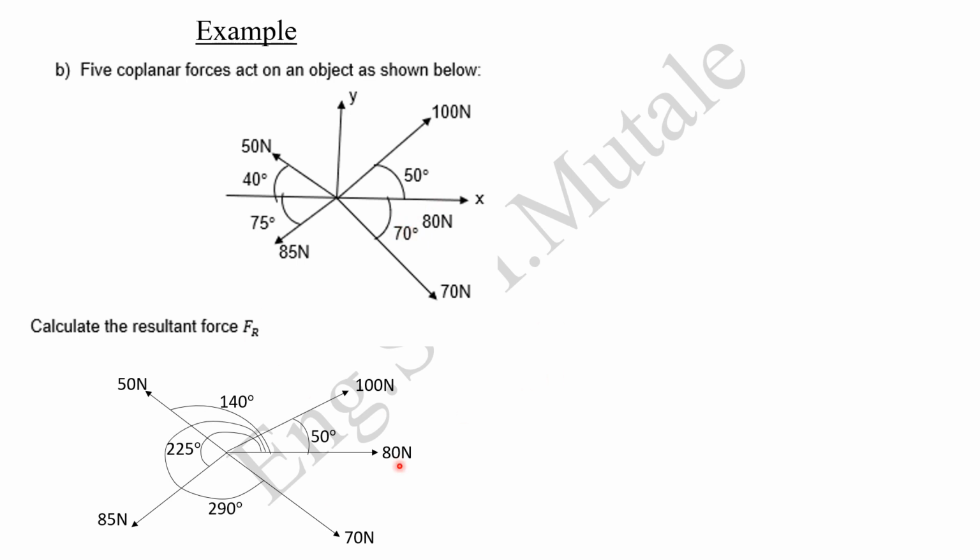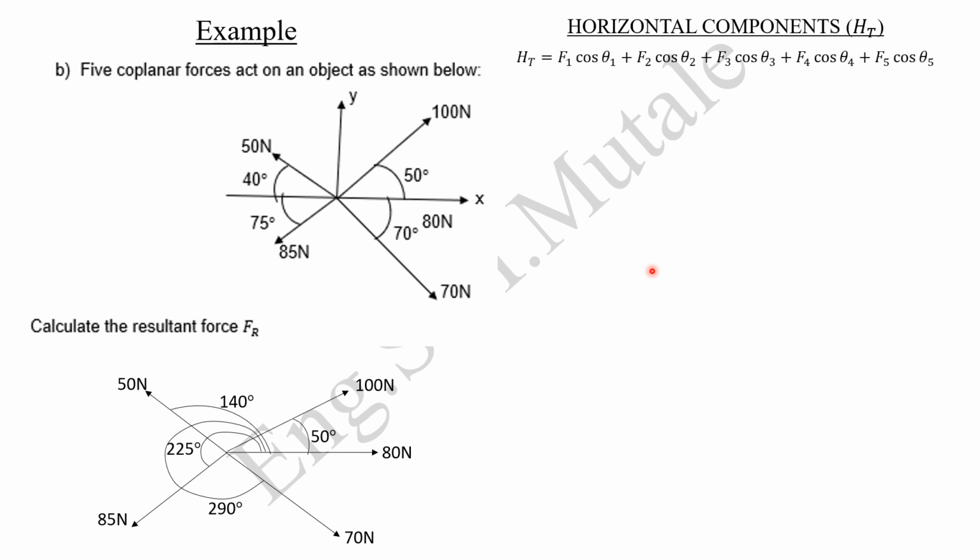So with those magnitudes of forces and the angles, we can now apply those formulas we discussed in the previous slide. The total horizontal force is basically given by those. Since we have 5 forces and angles, these are the ones from F1 all the way up to F5. We'll substitute, put this in the calculator, and we're getting 69.8 newtons as the total horizontal component.